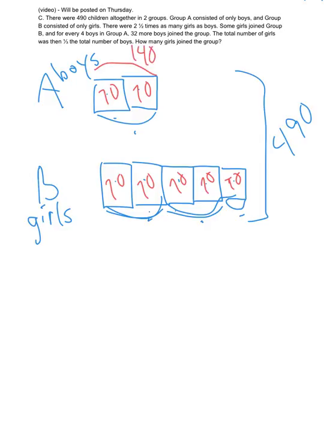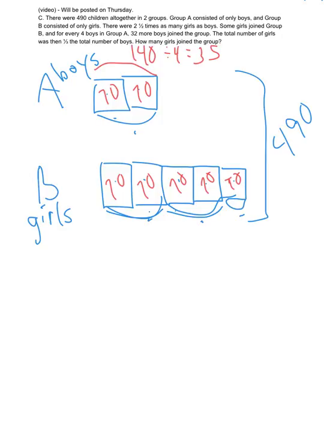And that means for every group of 4, 32 more boys joined the group. That means I have to find how many groups of 4 are in 140. 140 divided by 4 turns out to be 35. There are 35 groups of 4 boys in 140 boys.